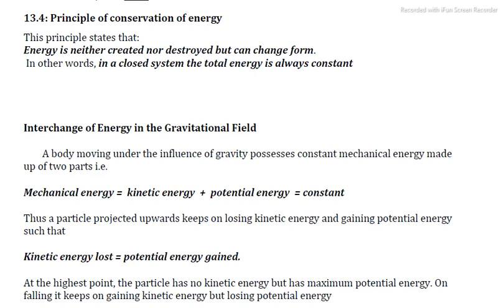Then as it is coming down, the potential energy goes on changing to kinetic, because the speed is increasing. As the speed is increasing, kinetic energy is also increasing, but at the expense of potential.